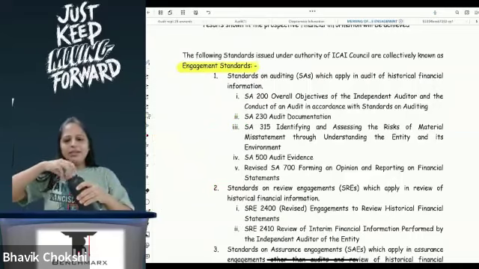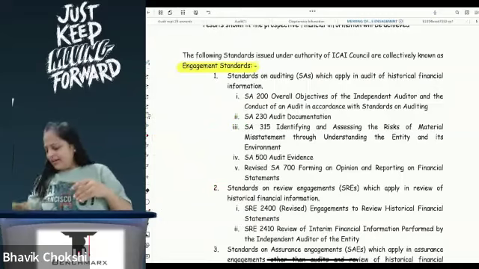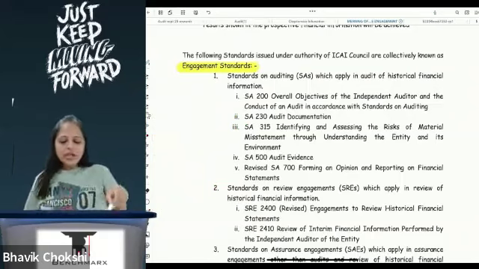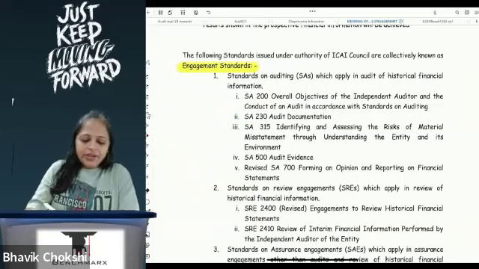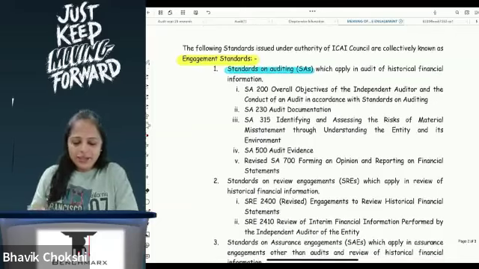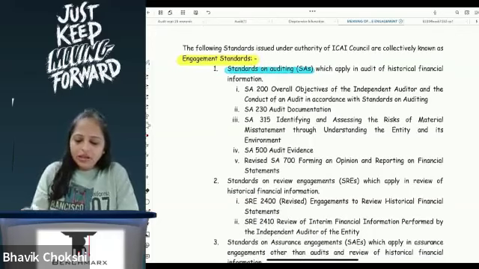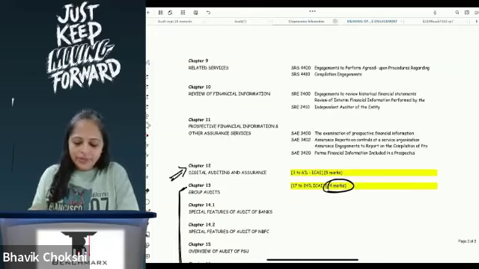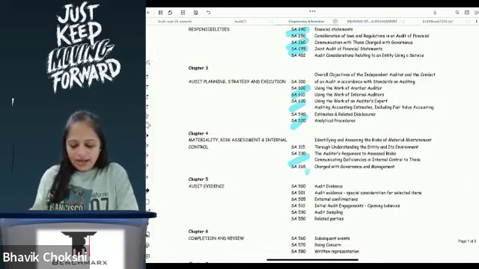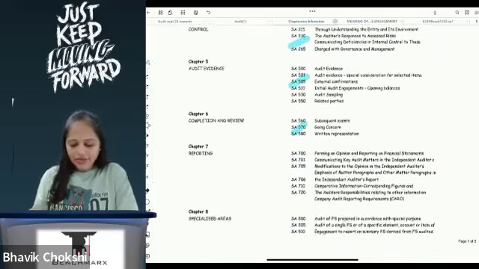We've studied standards on auditing, but there are other things also which we will study this year, correct? So what are standards of auditing? There are four things that we have. One is your standards of auditing, your SAs. When I see the chapter-wise bifurcation, you can see these are all essays. All these chapters are essay-based chapters, correct?